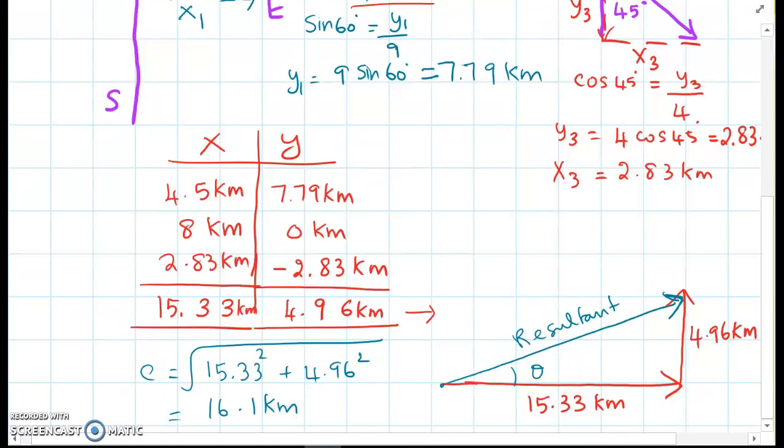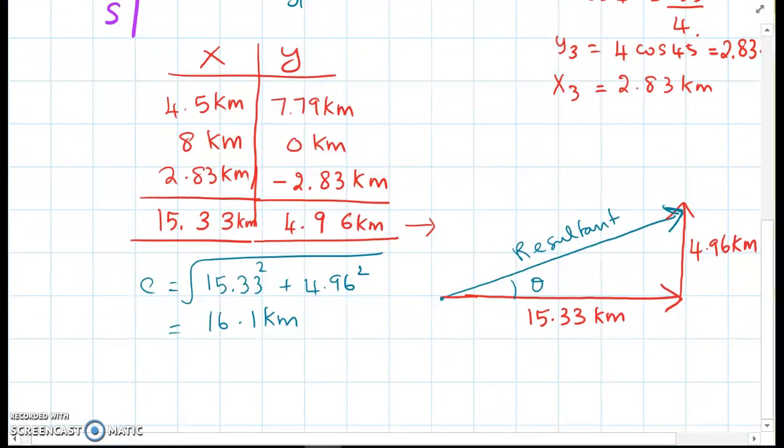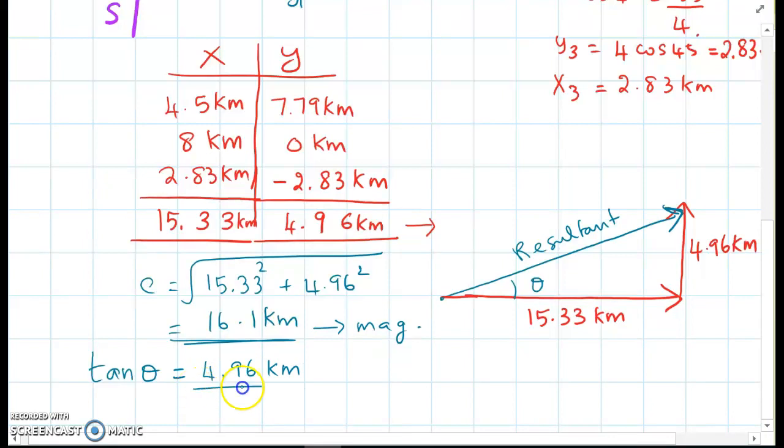And remember, for the resultant we need two things: magnitude as well as direction. So this is the magnitude of the resultant vector. In order to find its direction, we're going to solve for that angle. We know that tangent theta is opposite over adjacent, so it is 4.96 kilometers over 15.33 kilometers.